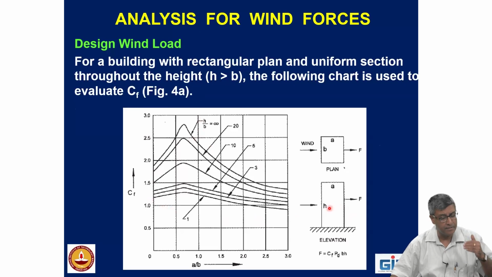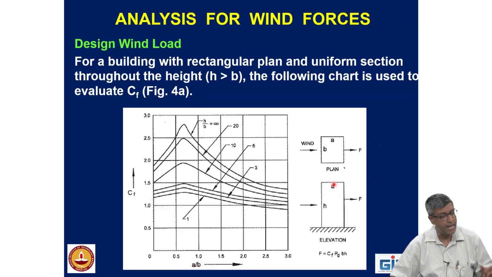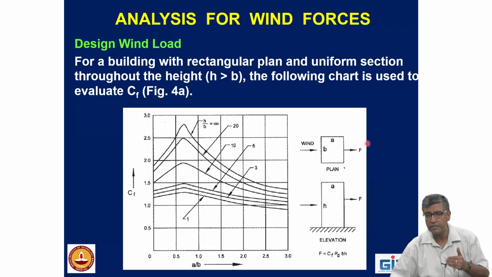H is the height, b is the horizontal dimension of obstruction. And the other parameter is a by b, where a is the direction along the wind flow that you are considering, and b is the direction perpendicular to the wind flow. And these sketches show how you have to pick up the dimensions based on the directions that you are considering.